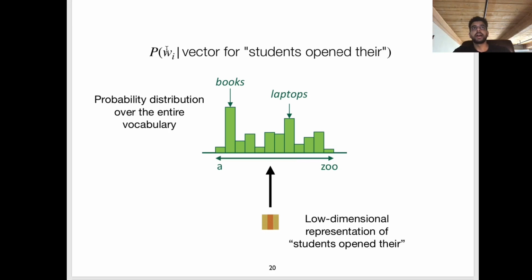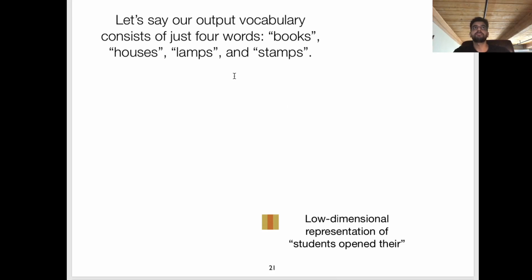Okay, and this is how we're going to be estimating these conditional probabilities in this neural language model framework. So this conditional probability of any word, W sub i, given the vector for students open there, is going to be estimated through this learned neural language model. So we're no longer just counting and normalizing, right? We're actually learning a model that predicts this distribution.